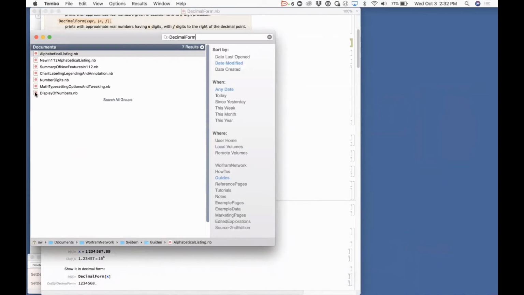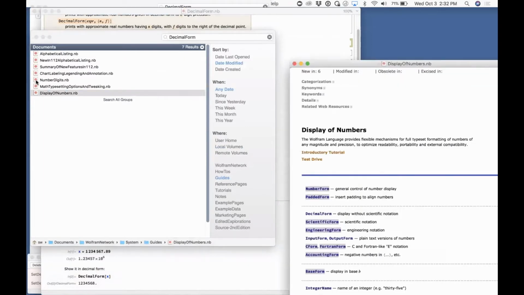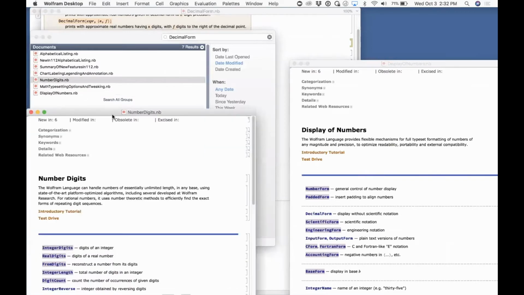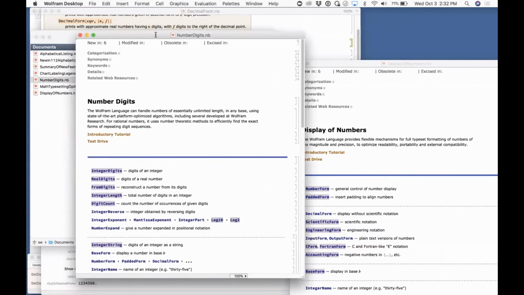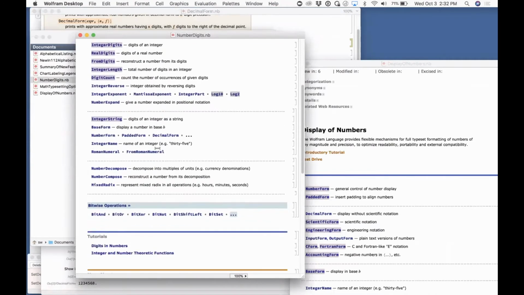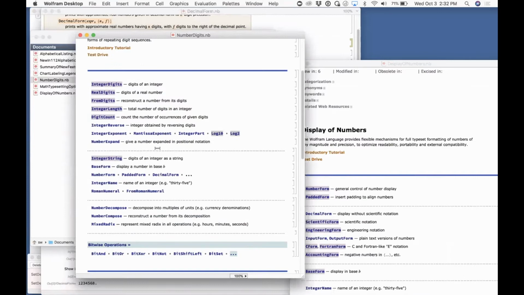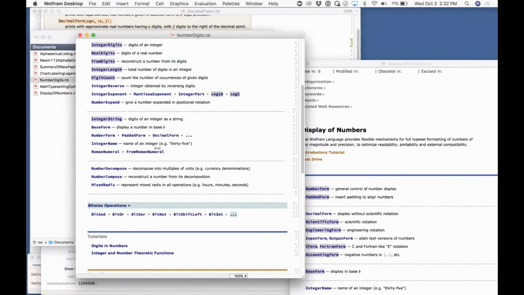Well, there seems to be a thing called display of numbers, as well as number digits. Where's DecimalForm on that page? Ah, there. Let's just mention it here. Why is that beeping at me? It's really odd.